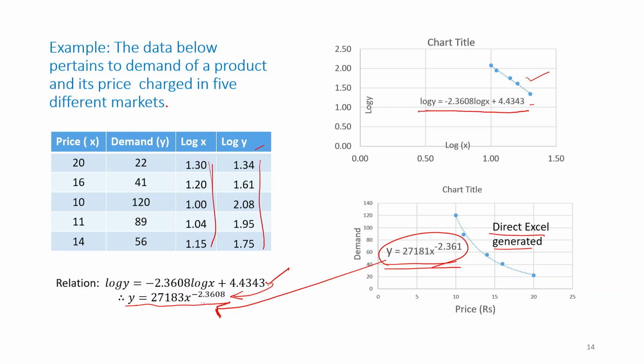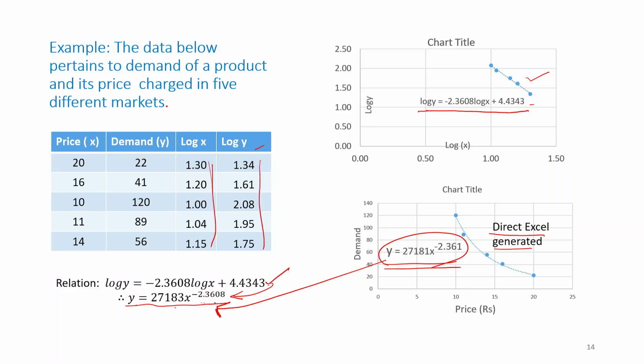So even after the transformation of actual data to the log values, if I plot it, we get again a straight line, and that straight line equation can then be transformed back to the original scale, whatever the original unit is, and you can do that also, or we can also directly use Excel to get these values.